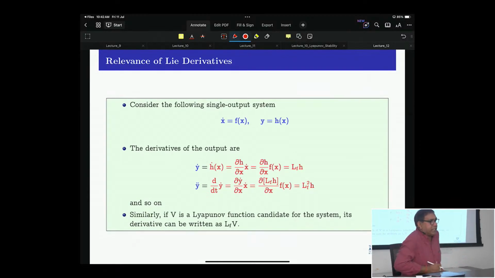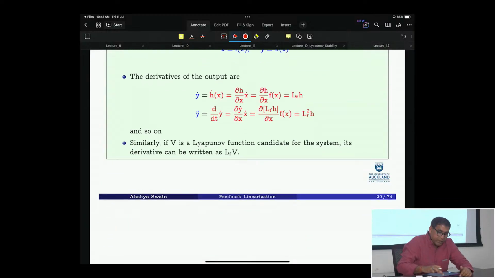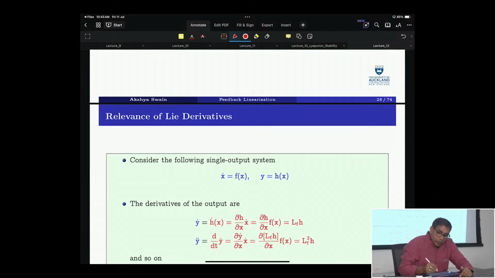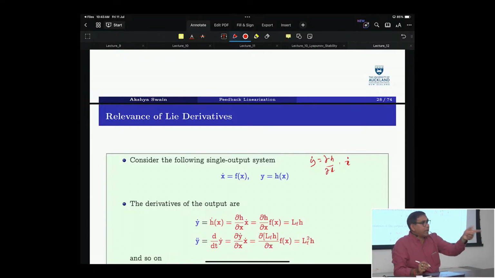One thing, relative degree. Then we will discuss relative degree a little bit. Suppose you have x dot is equal to f(x), y is equal to h(x); we will define that. First let us do a little mathematics. What is y dot? y dot is equal to del h over del x times x dot, because y dot is with respect to time and y is h(x).